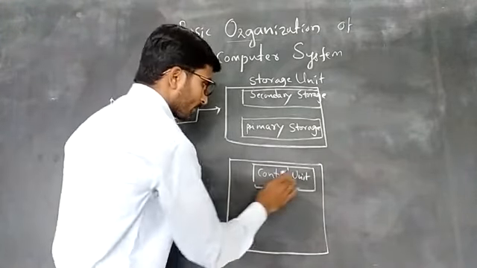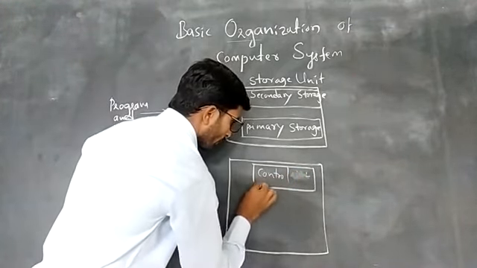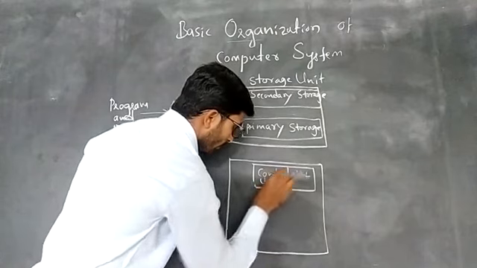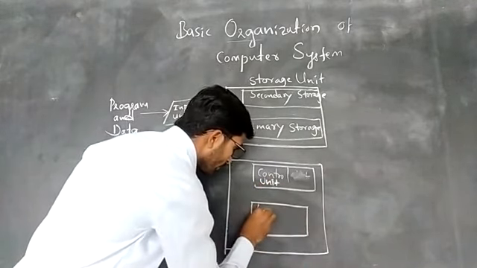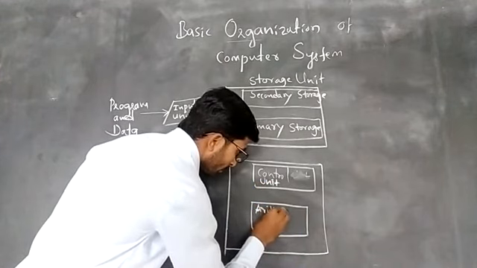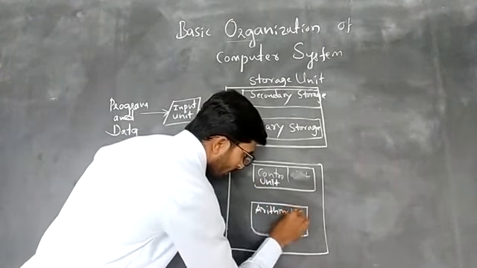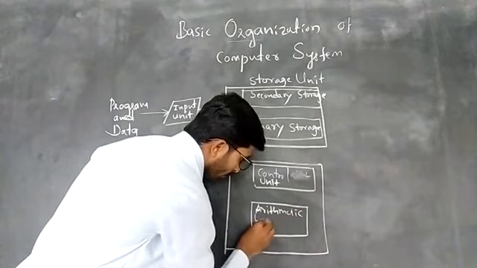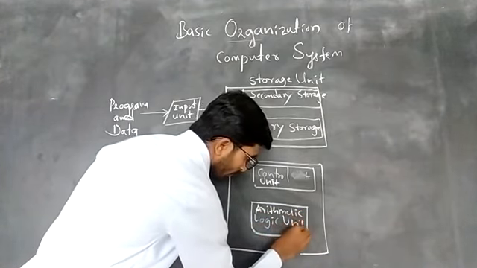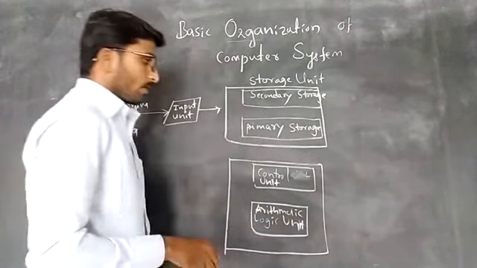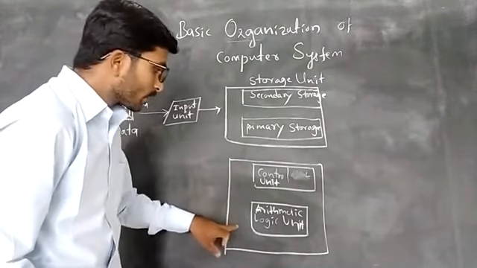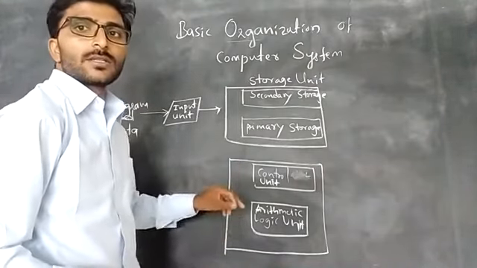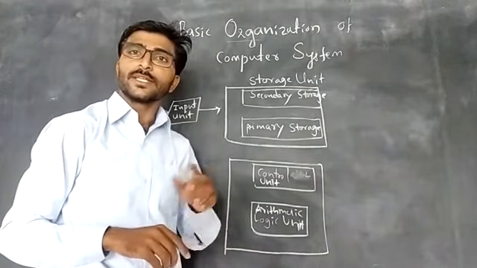The next one is the arithmetic logic unit. This unit is called the central processing unit.